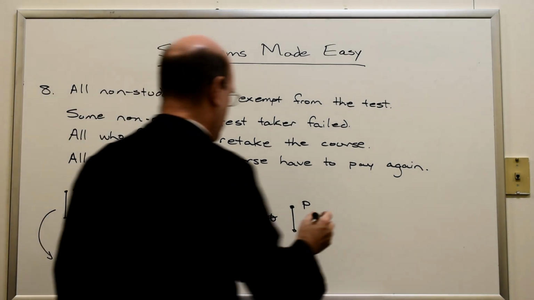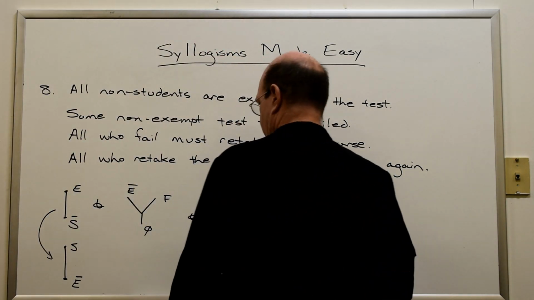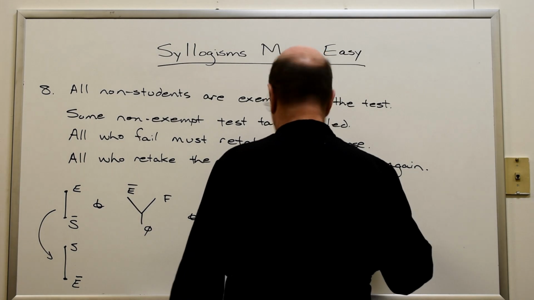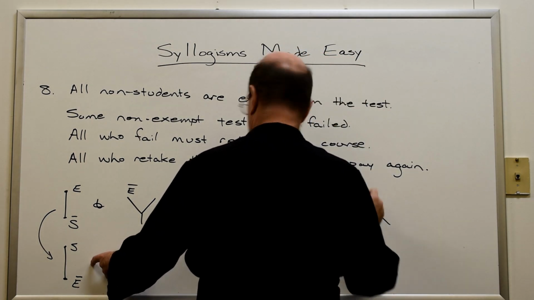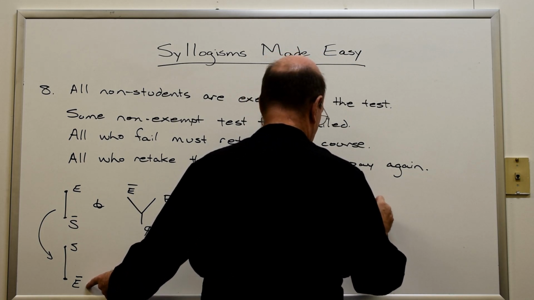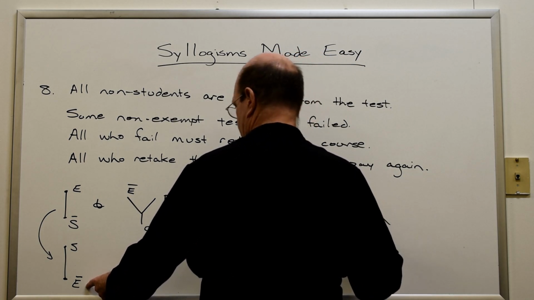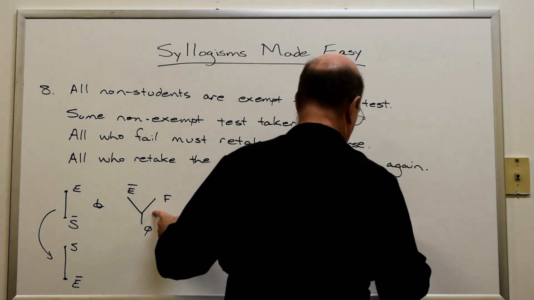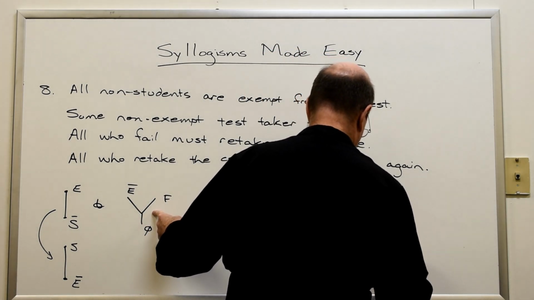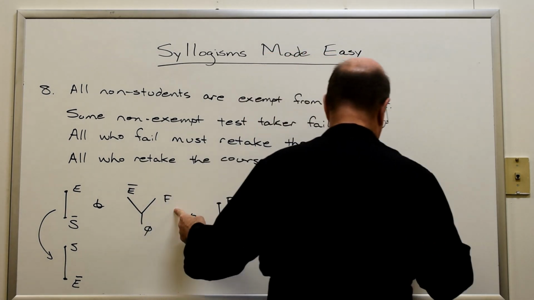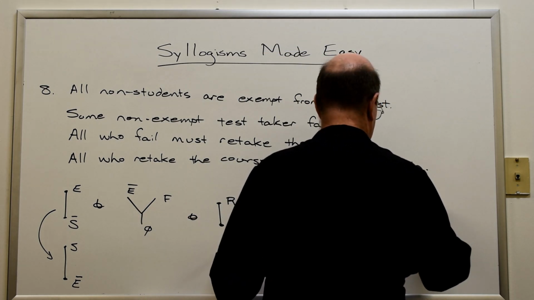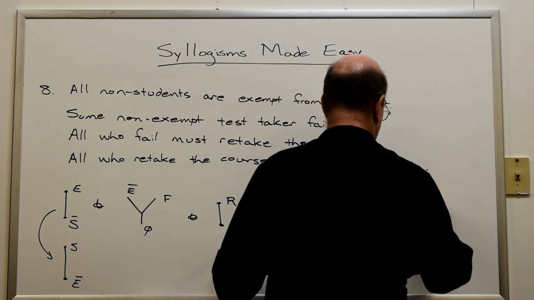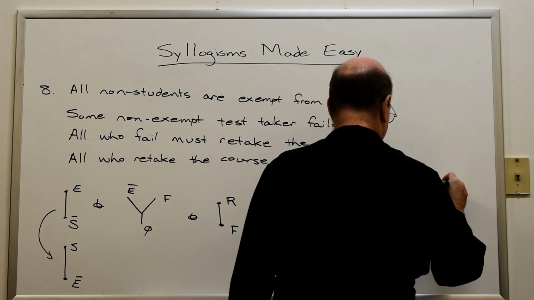So what do I get when I get that? What's my resultant? Well, let's see. I've got S up here, I've got E bar, and then I have just some meeting point there. Then I've got this F branch, and beyond F I have the retakers, and then the retakers have to pay.